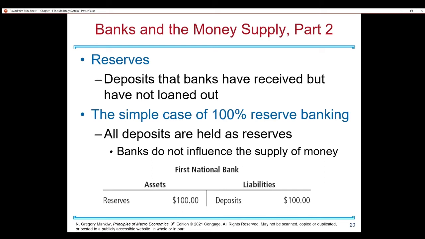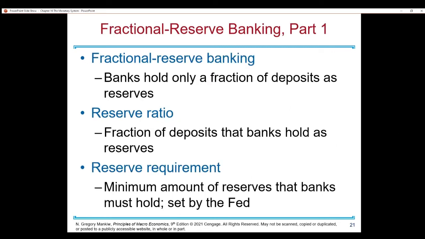In reality, banks don't actually do this 100% reserve banking. It's kind of the most simple idea of what a bank does. But banks are a bit more complex than that, and they actually do what we call fractional reserve banking.